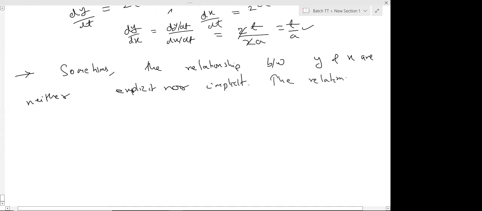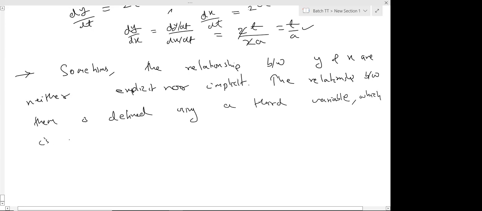The relationship between them is defined using a third variable, which is called a parameter. Okay.